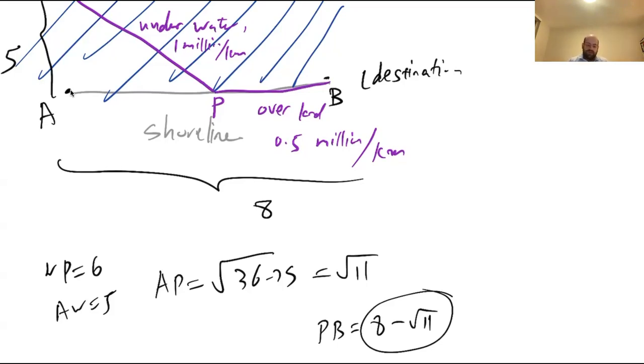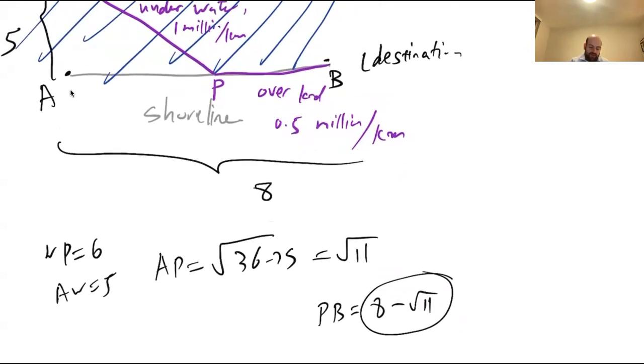So first we said that we have to assign letters. I want to find the location of P, right?